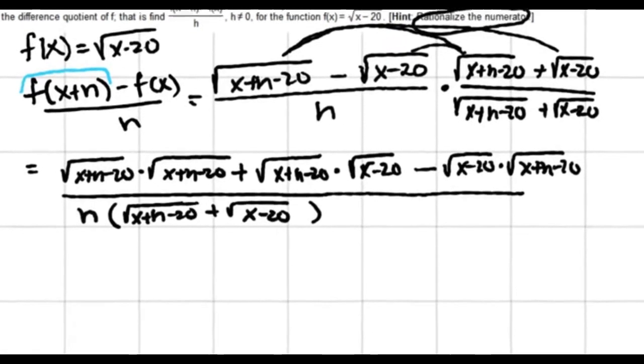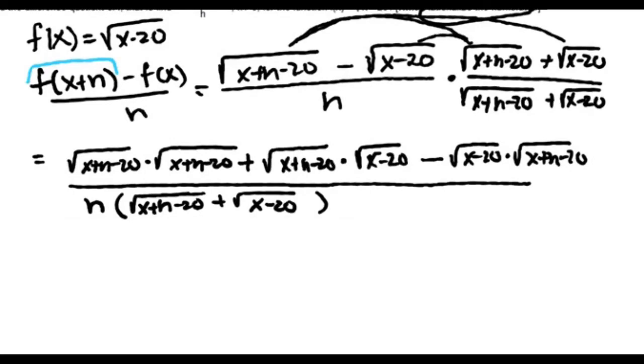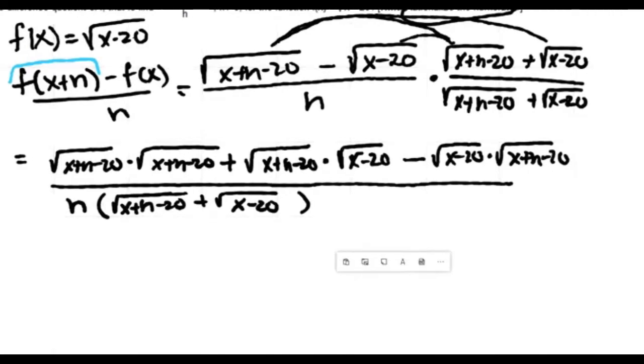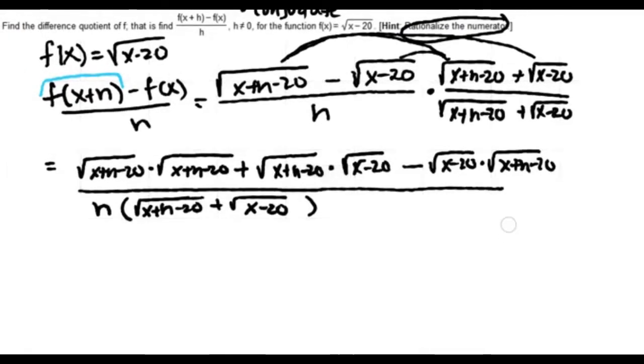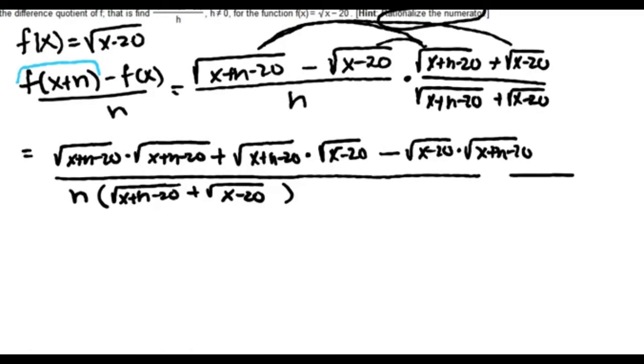Okay, I'm going to adjust here a little bit, and I hope that's within screen. Let's zoom out a little bit to make sure it is. And then we multiply the last two terms together. We're going to have minus square root of x minus 20 times square root of x minus 20.